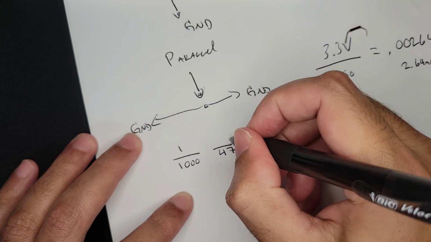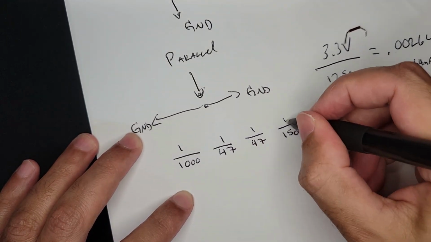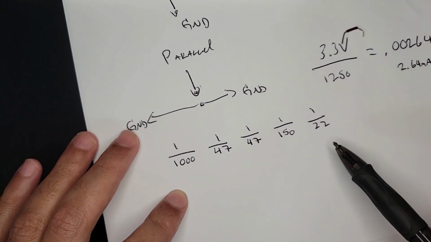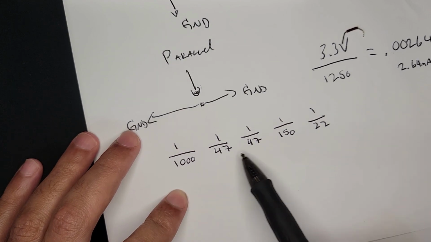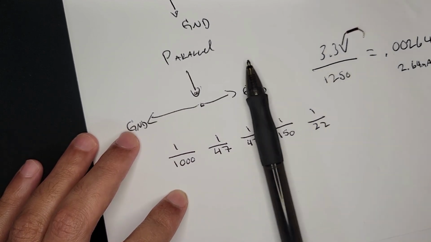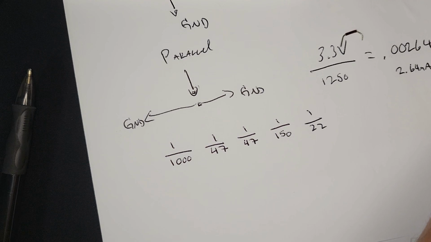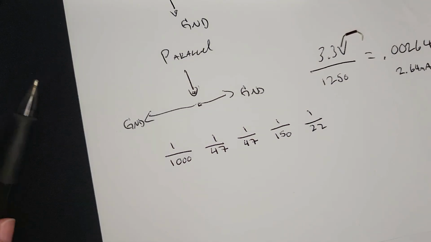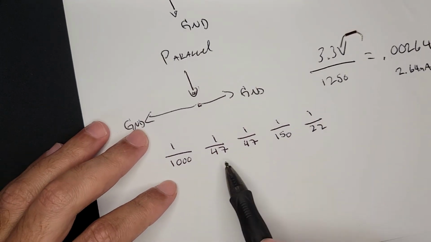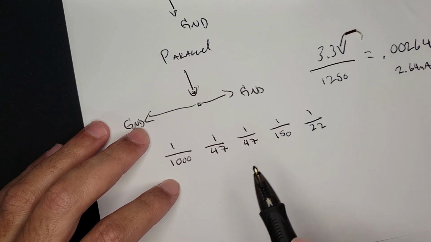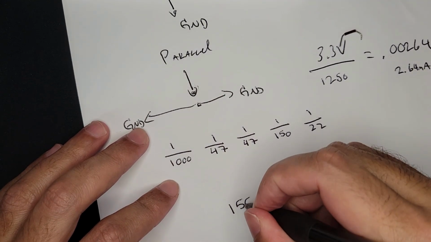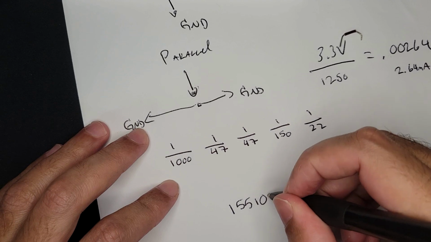So what we would do is add all of these up together. Now, I have no idea what the common denominator is for all of these, so I'm going to look that up. The lowest common denominator apparently, maybe I'm doing something wrong, is 15510.